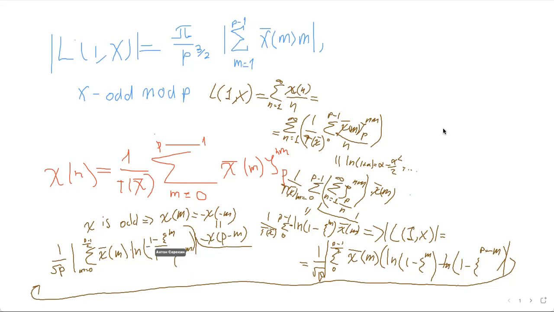So what will happen if you multiply the denominator by zeta to the m? I will get zeta to the m minus 1.